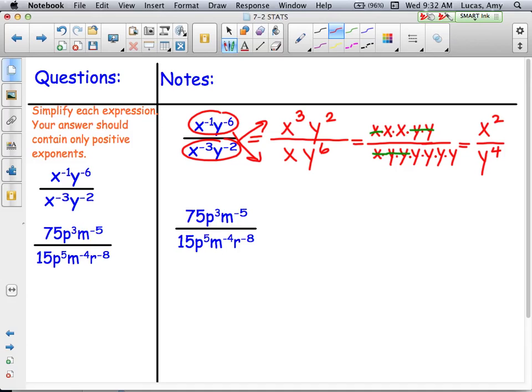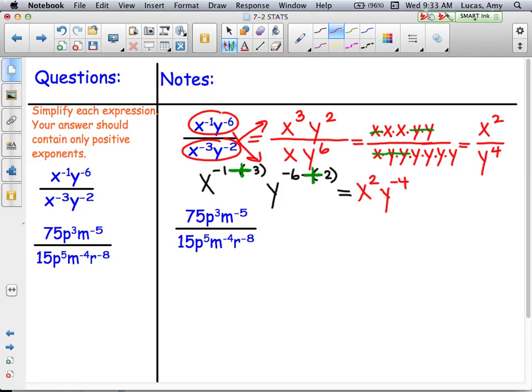Now you might be thinking about the shortcut that we talked about for day 1. Look what happens if I subtract these exponents. Subtracting these exponents, I would get x to the negative 1 plus 3 is second power, and y to the negative fourth power.